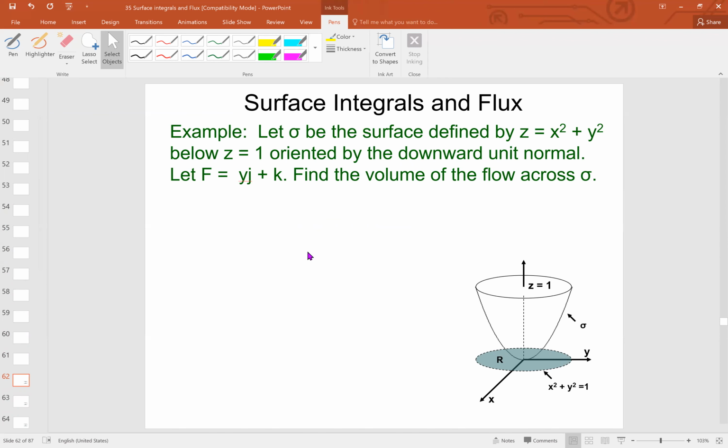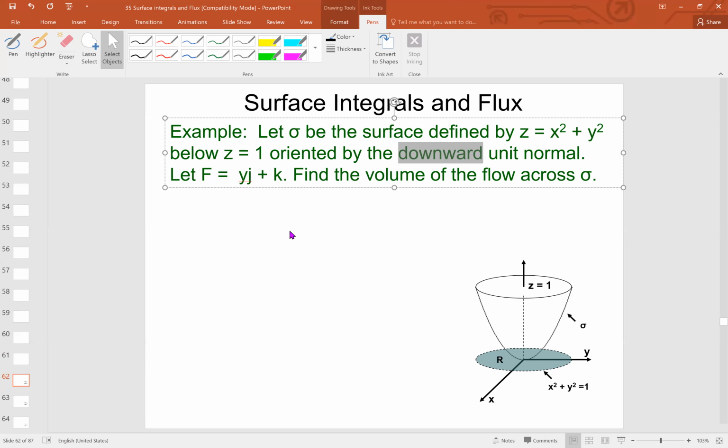The flow field in this three-dimensional space gives you some idea of how it flows. So we want to calculate the volume of the flow across the surface, downward. That means I want the z component to be -1.